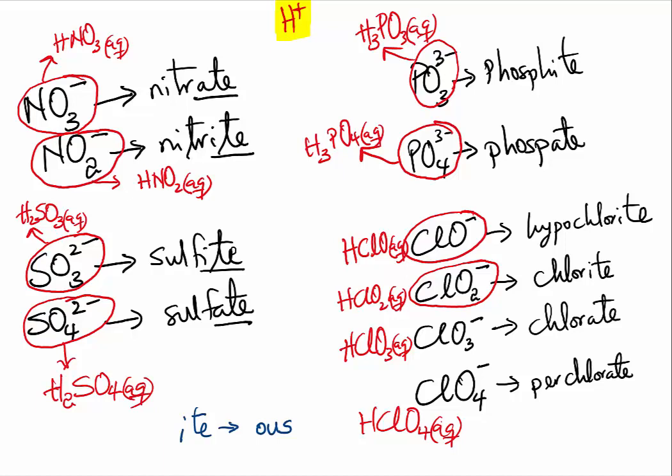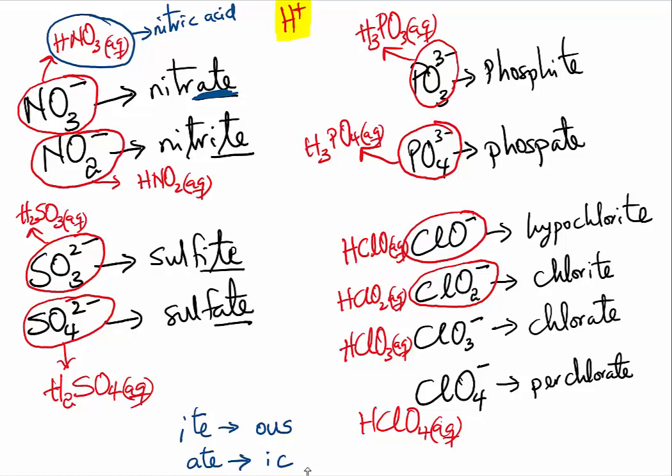While if the name of the polyatomic ion that generates the acid ends in ATE, the name of the acid itself should end in IC. Let us take a look at what that means. Let us begin with this first one. It is generated from nitrate, and it should become IC. So this acid will simply be nitric acid. That easy.